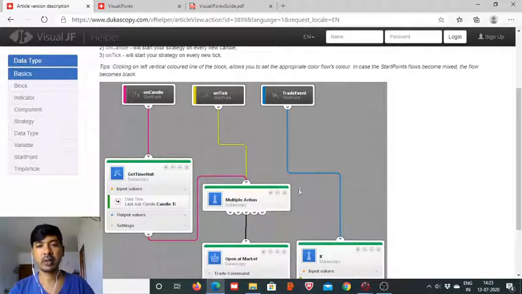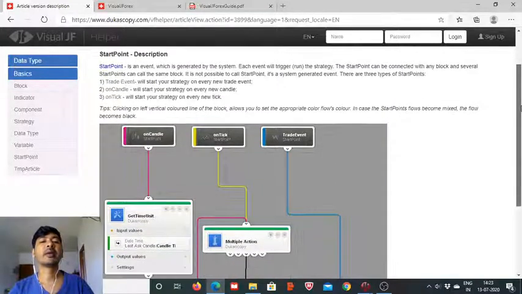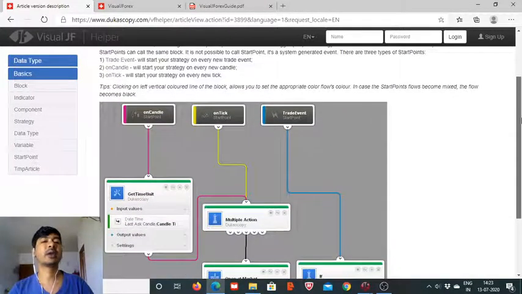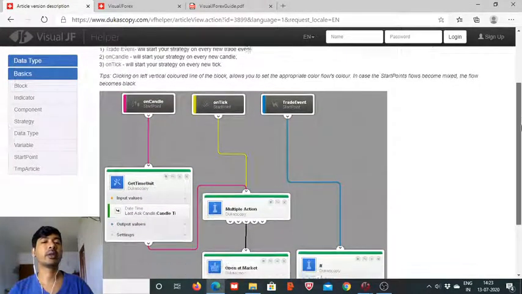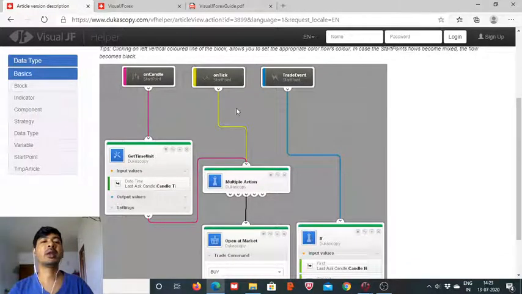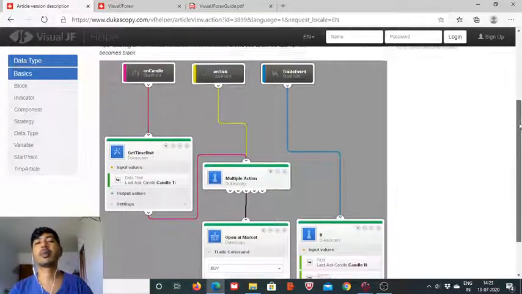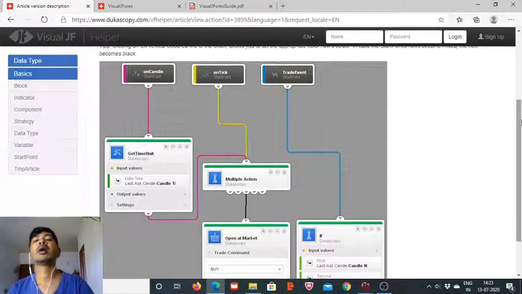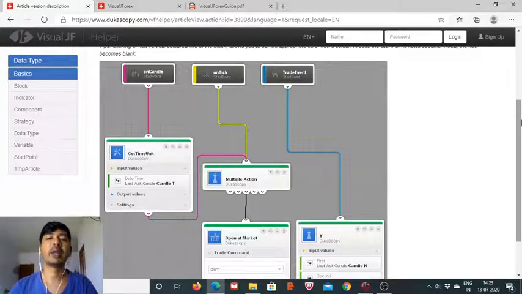Here there is an example given of an algorithm which has the start points on all these three parameters, but you have to see the purpose of joining these; all three parameters need to be taken into account.